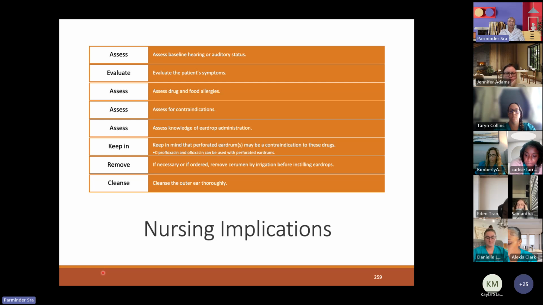And then assess, evaluate your patient's symptoms after the drug is given. See if the symptoms have improved or not. What would be a therapeutic outcome? For example, earwax removal may improve your patient's hearing. And then what would be an expected outcome after using this drug?